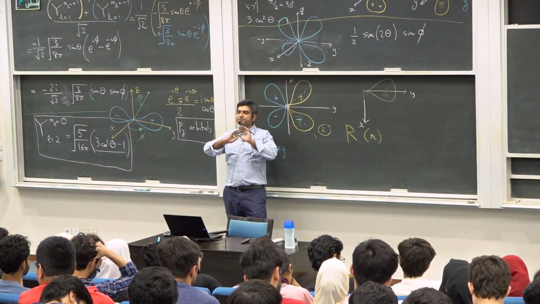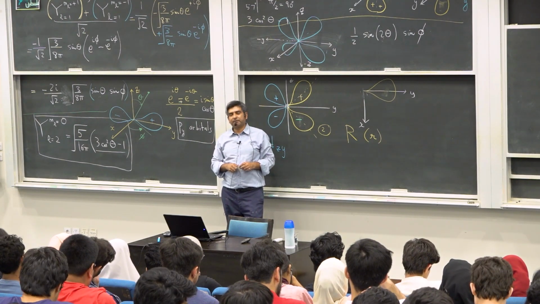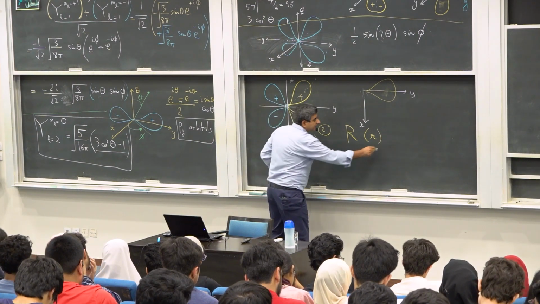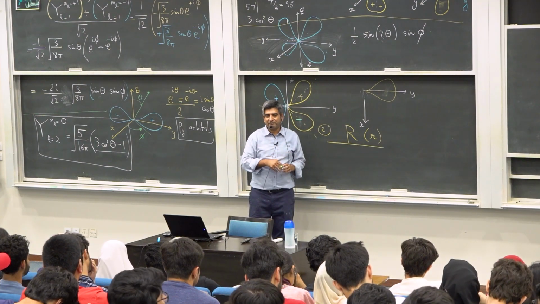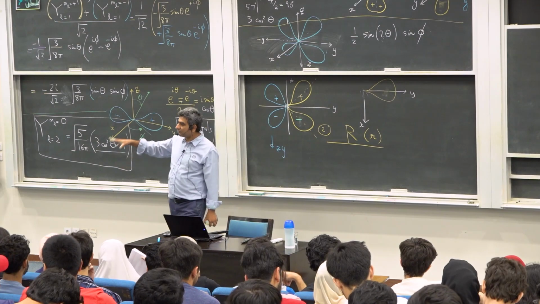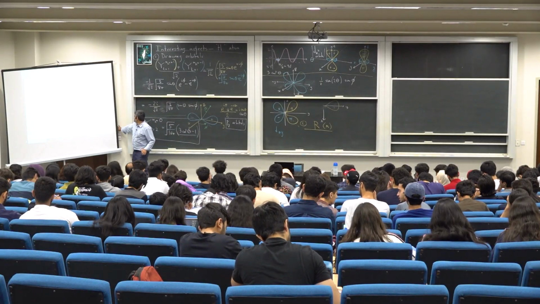An s orbital is totally spherically symmetric. It does not have any angular dependence. Now I would like to talk a little bit about R, the radial part of the wave function. The overall wave function is a product of the angular part and the radial part. So let's look at a few radial wave functions.